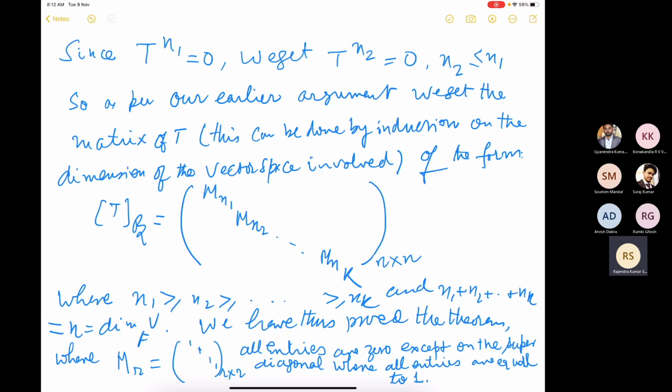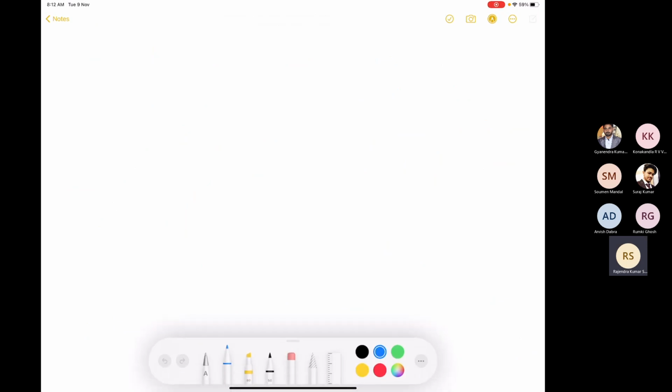So I wish to reiterate here what is called the basic Jordan block. So Jordan form, that's what we want to do.